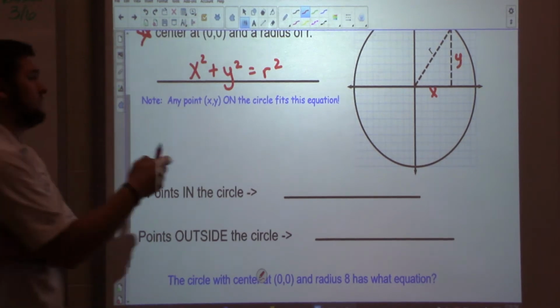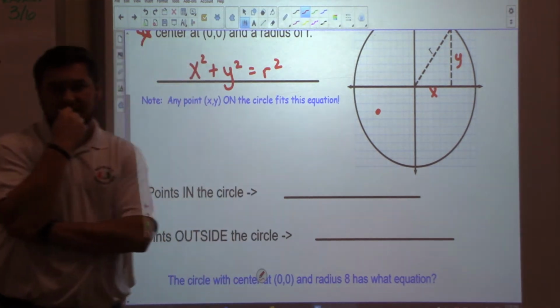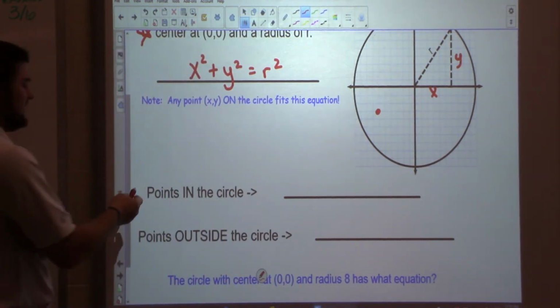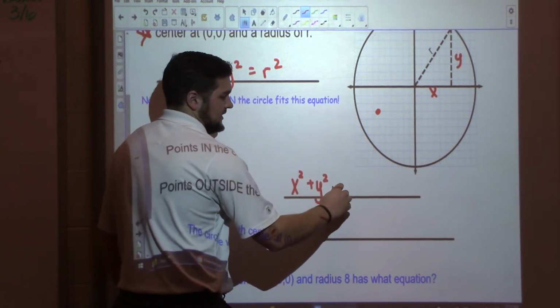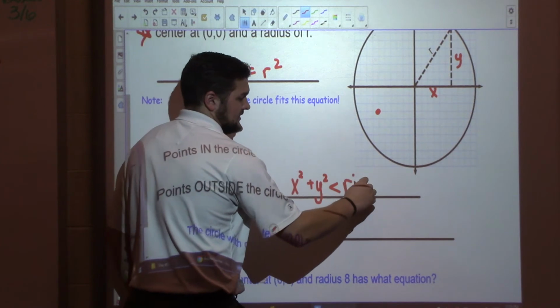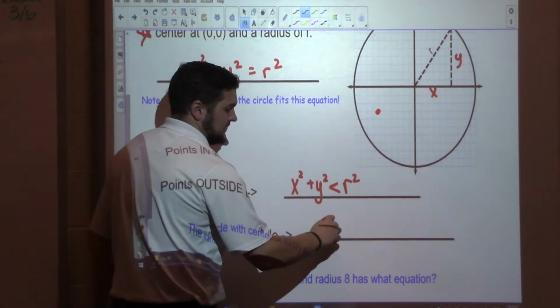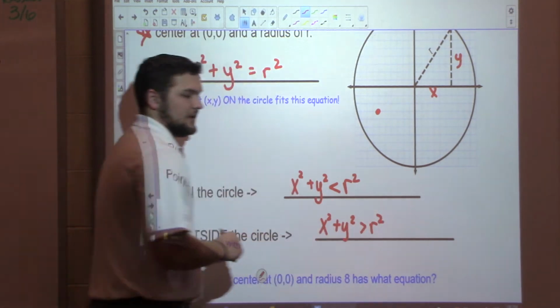So if I pick this point here, there's a really easy way to figure it out. If it's in the circle, it's going to be x squared plus y squared is less than the radius squared. And if it's outside the circle, it's going to be x squared plus y squared is greater than the radius squared.